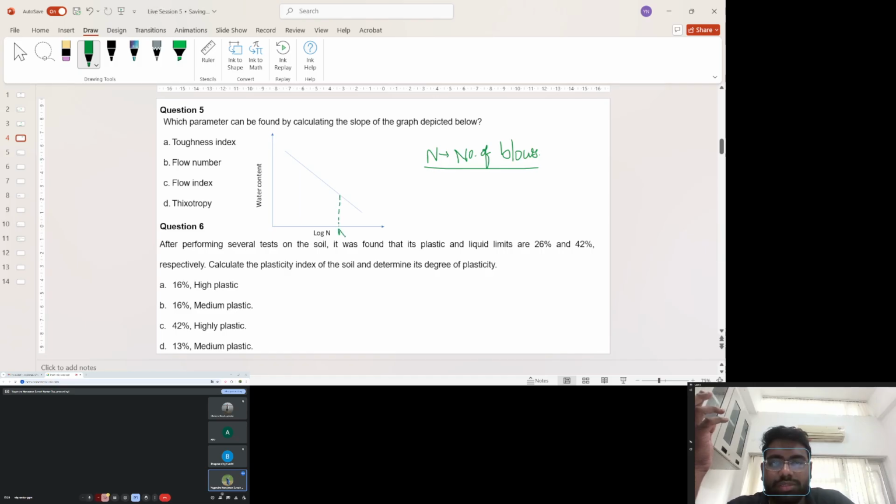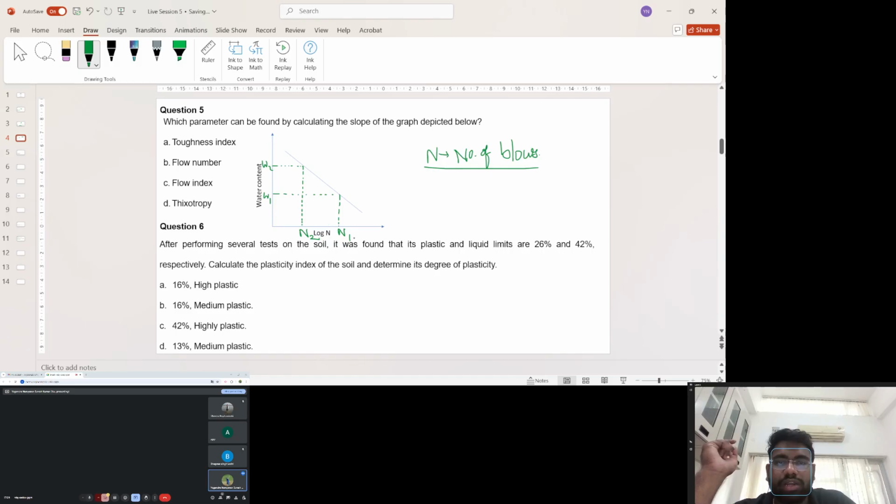This is N1 and corresponding it is W1. Sorry, when we are moving like this, number of blows against water content. Okay, let us move like this: N2 and W2. This is how we calculate the slope.